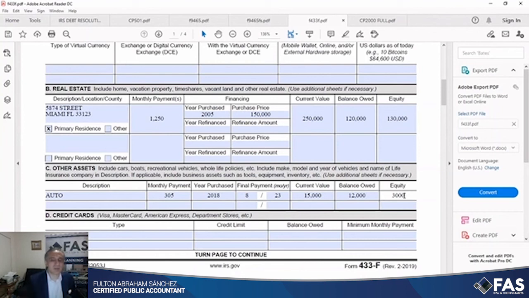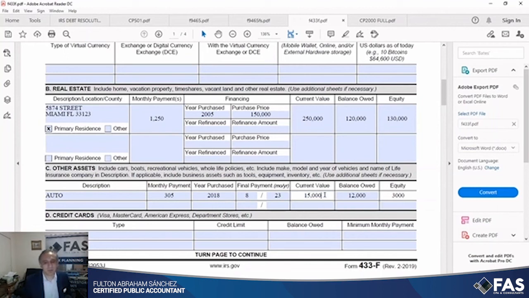The IRS will tell you go to the bank or go to the companies that finance cars, and get a loan over the value of the car, so you can do a payment towards your debt.